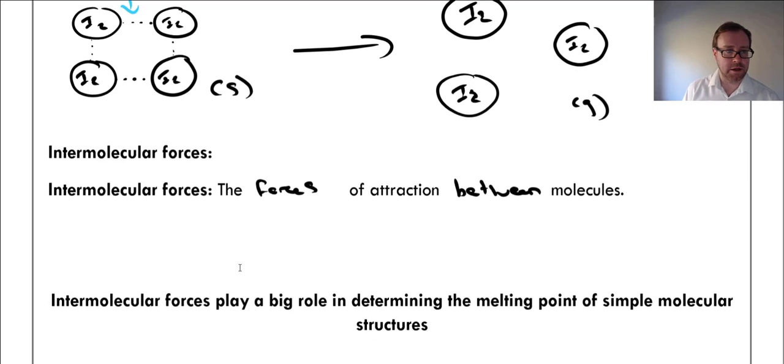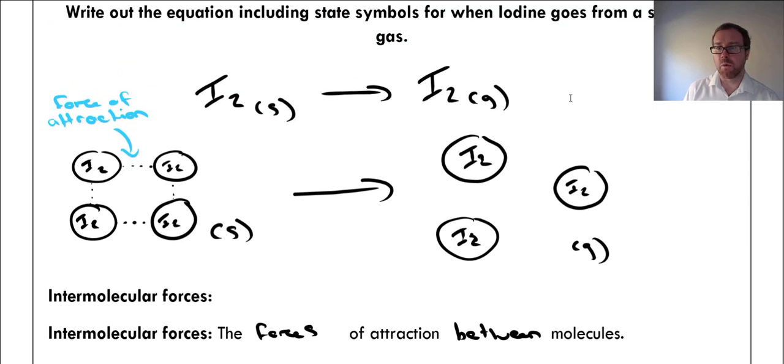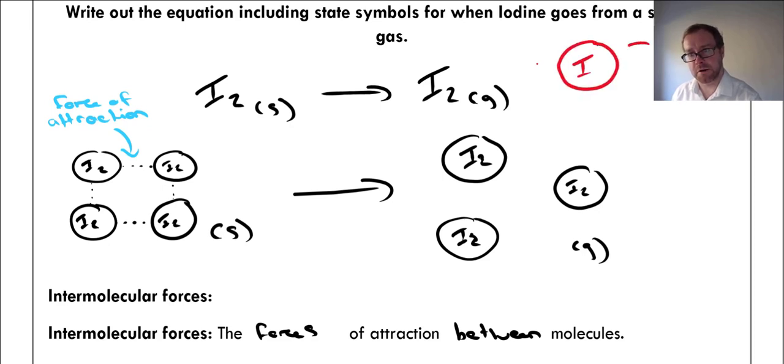Okay, if I now look at one molecule of iodine, I know that if I did the dot and cross diagram, 1, 2, 3, 4, 5, 6, 7, and 1, 2, 3, 4, 5, 6, 7, it would look like this, which means that here I could also draw it as this, and in the molecule of iodine is a strong covalent bond.